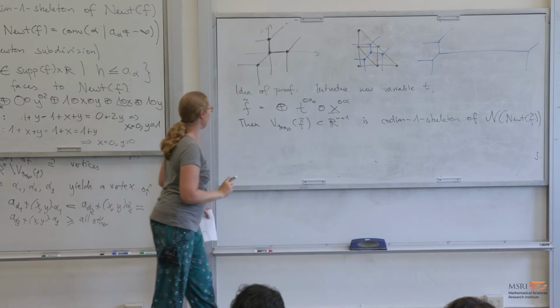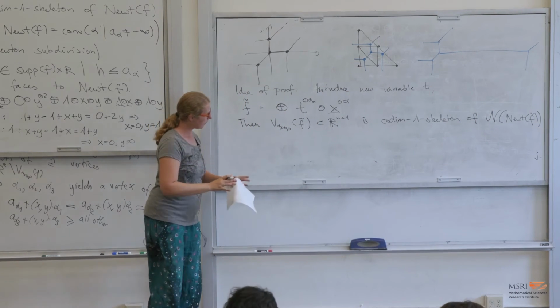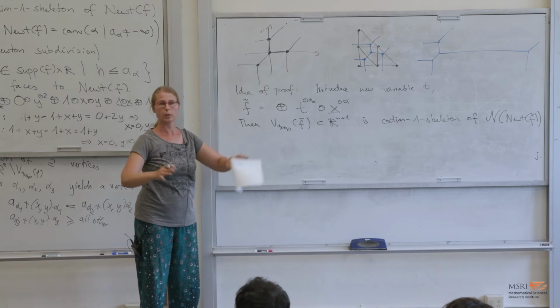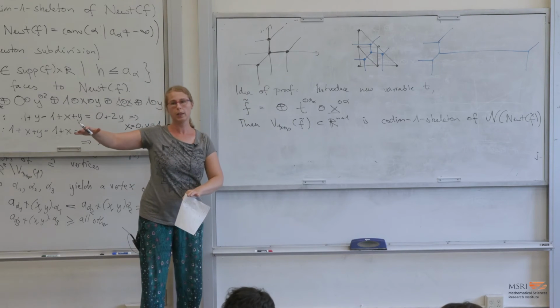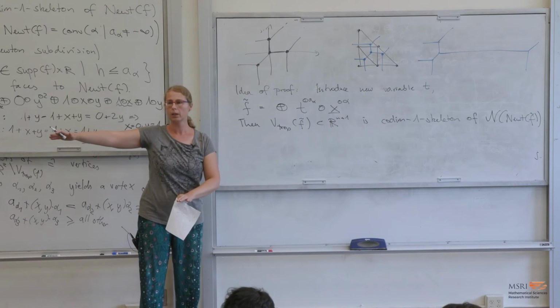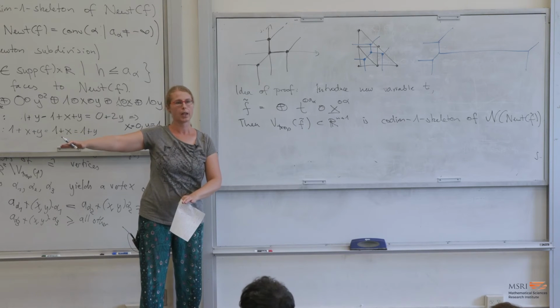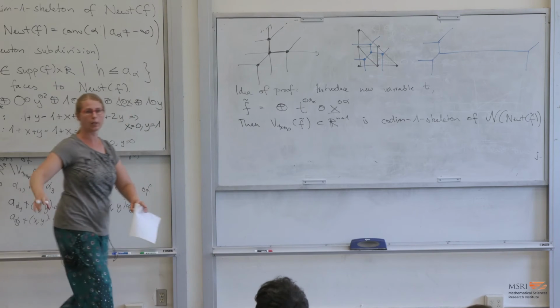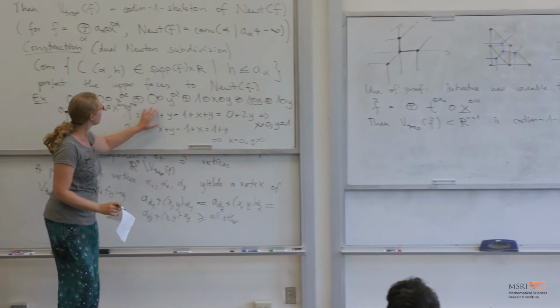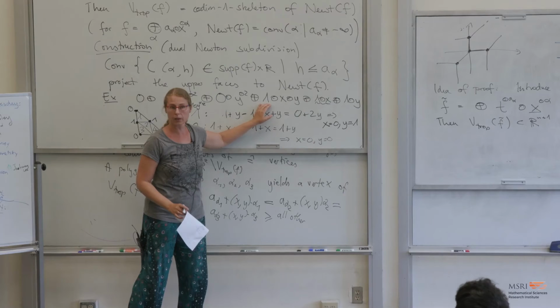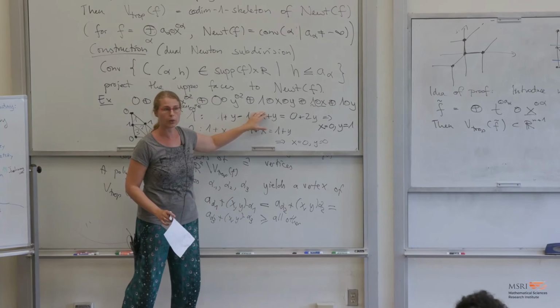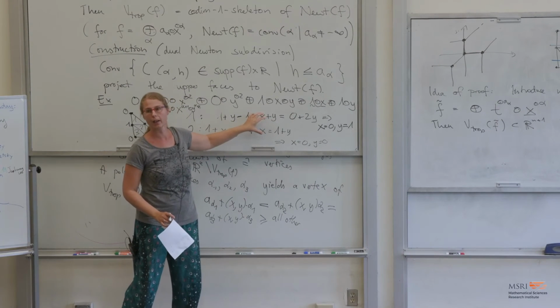Yeah. Okay. And then we have this normal fan now living in one dimension higher. And what we do is we slice with the hyperplane given by t equal 1. Slicing with the hyperplane given by t equal 1 will precisely produce the inequalities and equalities we want to have in R to the n now. Yeah?